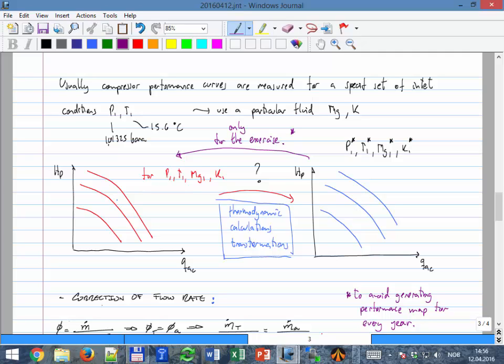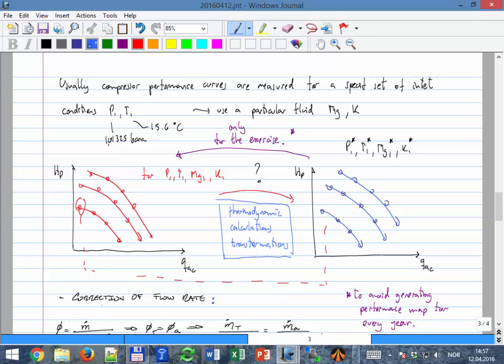We want to change only one point, because remember that the curves are formed by a collection of points. So we have to apply this correction factor to each one of the points, and that becomes a conversion for every time. So let's say this point will map to, let's see, how do I do it without spoiling the figure?